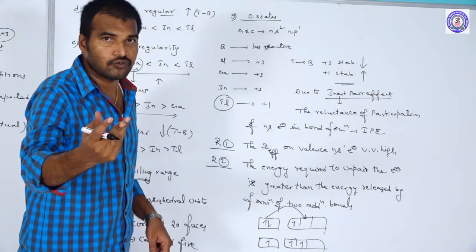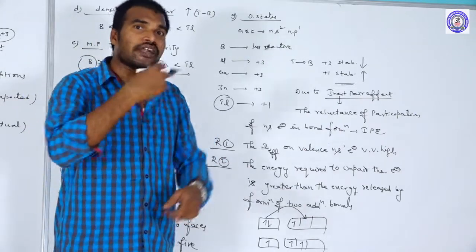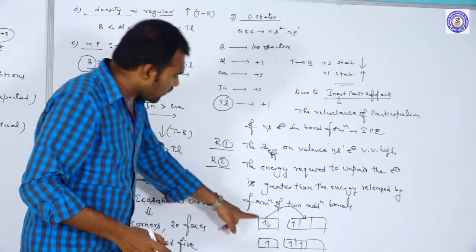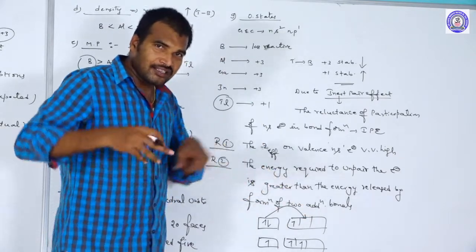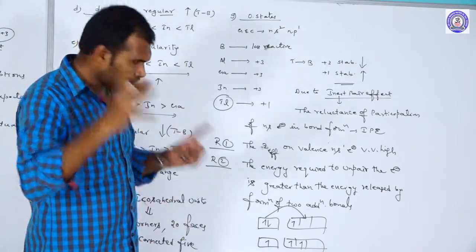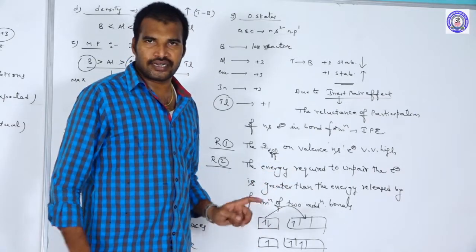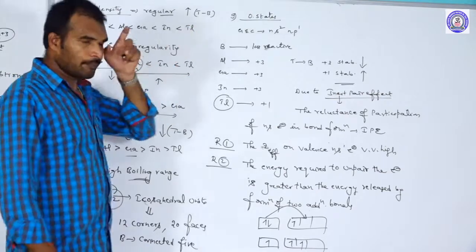That means additional two bonds are forming. While forming the two additional bonds, energy is released. So the energy required to unpair the electron is greater than the energy released by the formation of two new bonds. Because of that reason, they are not willing to unpair the electrons and participate in the bond. So this is what we call the inert pair effect.